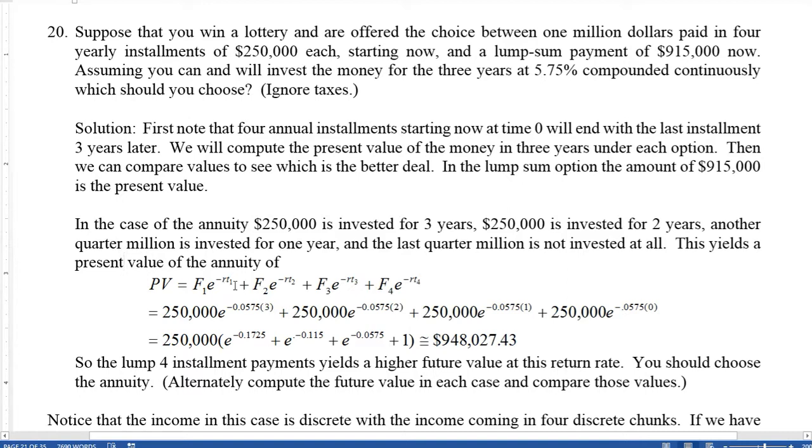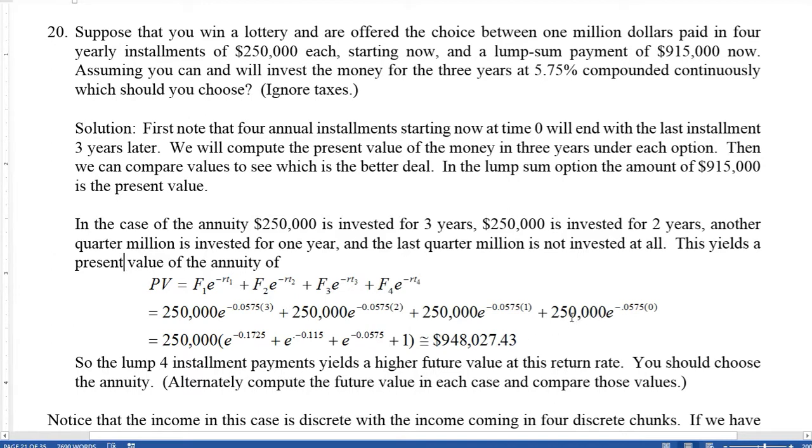That's the part that's going to be invested for 3 years, and there are parts invested for 2 years, some for 1 and some for 0. This gives us our present value of these different parts.